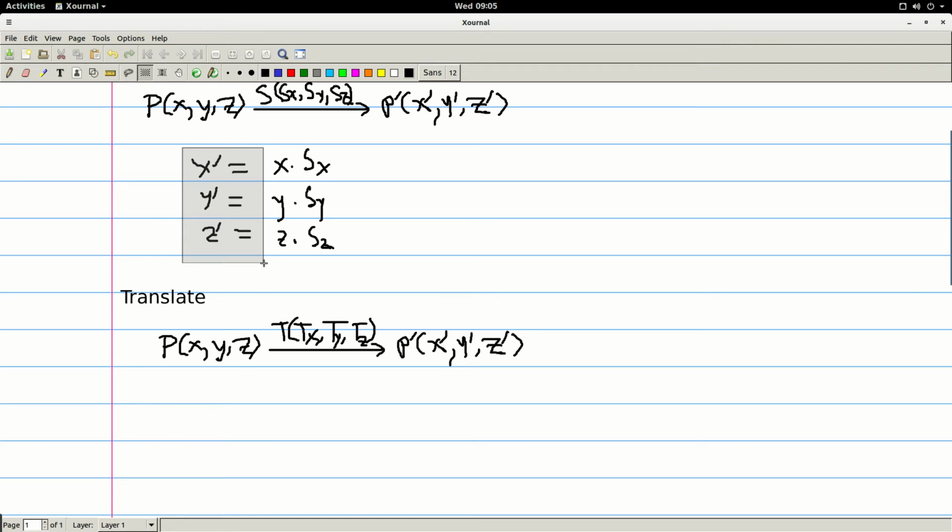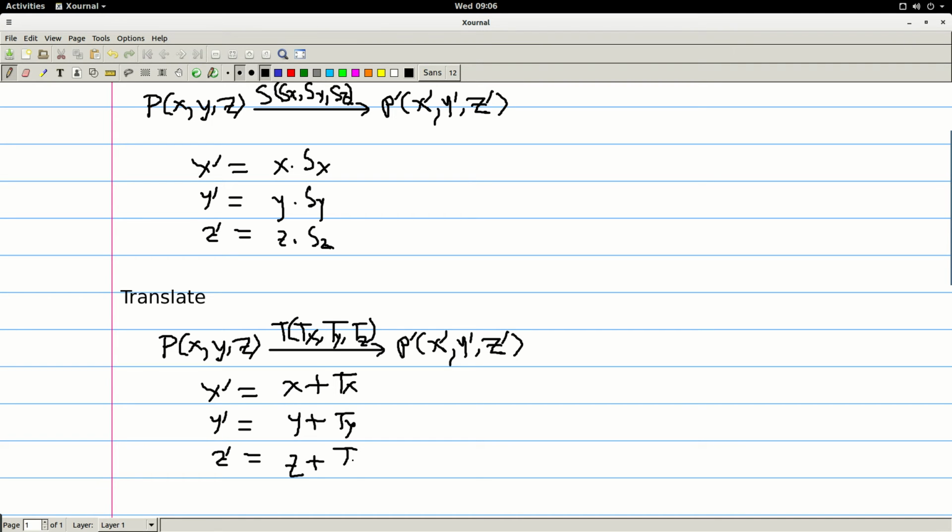That again is very easy. This is going to be x plus Tx, y plus Ty, and finally z plus Tz. Is this thing clear? Okay.